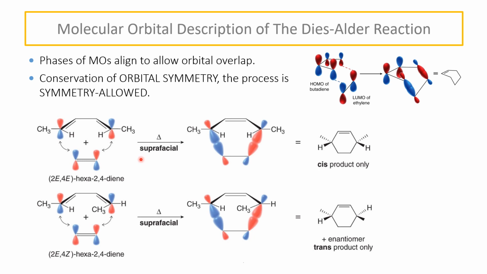We retain the stereochemistry of the diene, and it is reflected in the product.